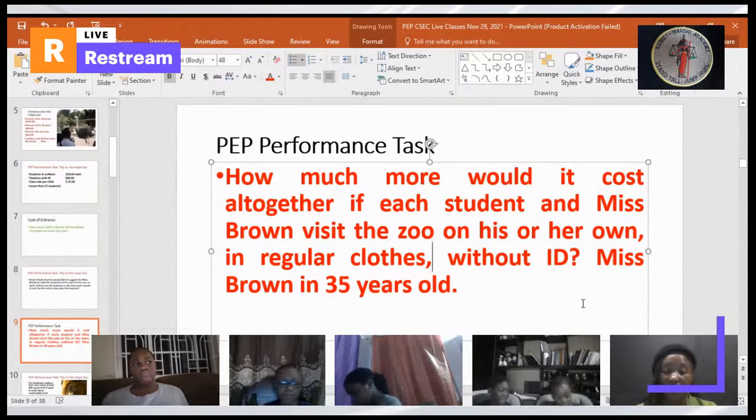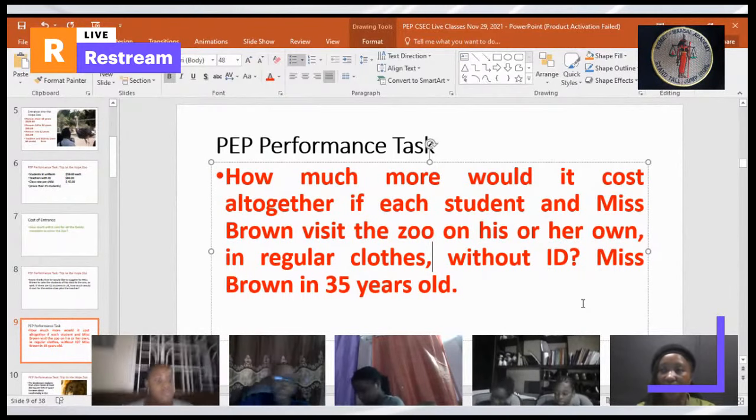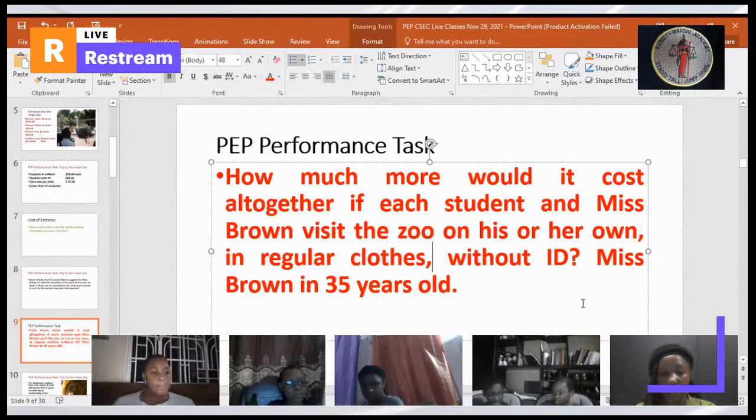All right. So how much more would it cost? Suppose each of the students decided, I want to go to the zoo on my own, and I don't want to wear a uniform. I want to wear my pretty clothes. And Miss Brown also is going on her own and she doesn't have her teacher's ID.